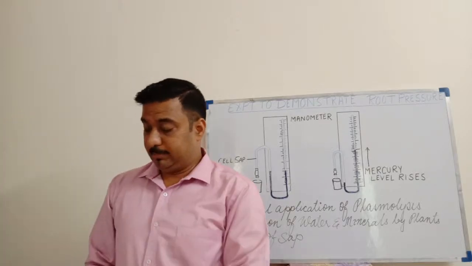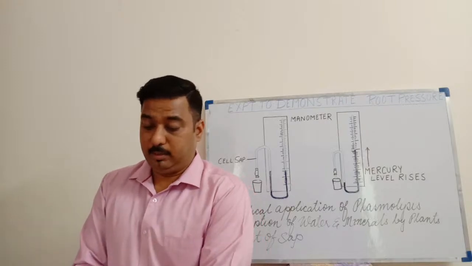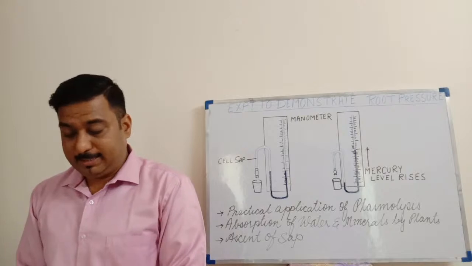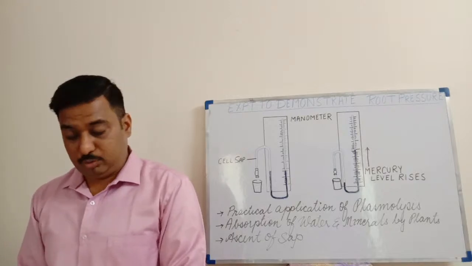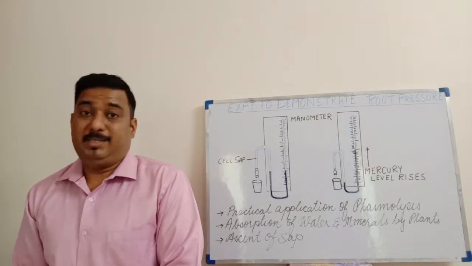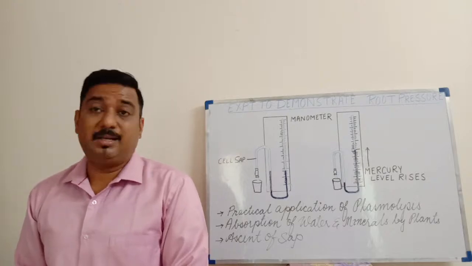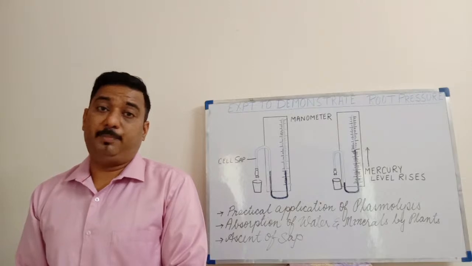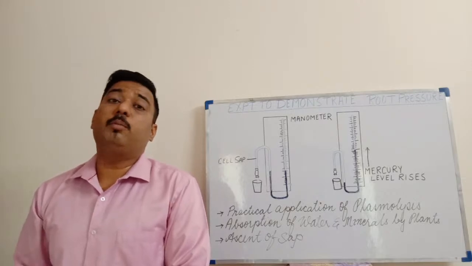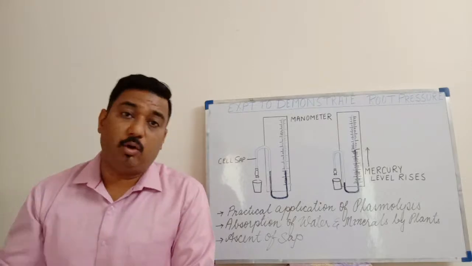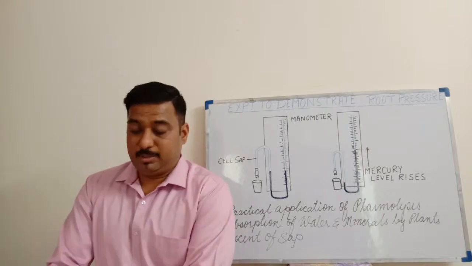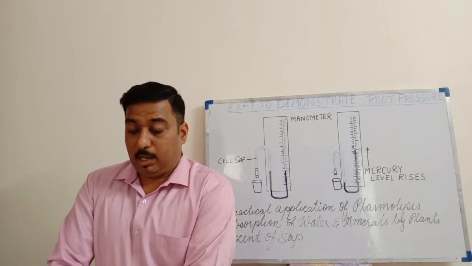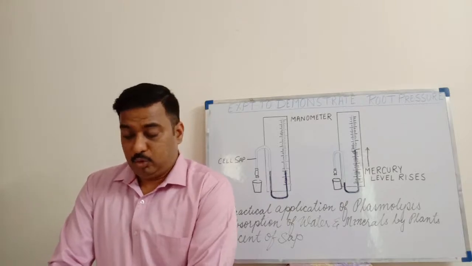The cells of the root hair contain cell sap at a higher concentration, meaning a large amount of solute is present, due to which water will start to move from the soil to the inside of the root cells. The concentration is higher as compared to the outside soil water. So there is a difference.